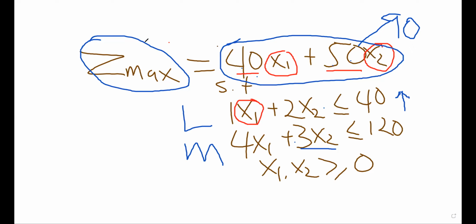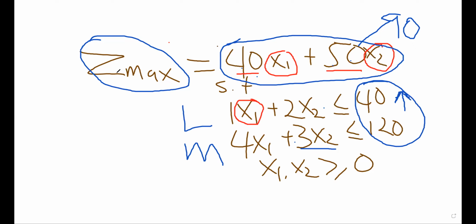So by how much the objective function value will change if the right-hand side of any of the constraints changes. Suppose the right-hand side increases by 1 unit, how much would the Z value increase?